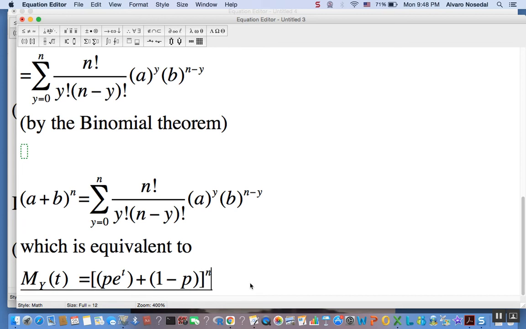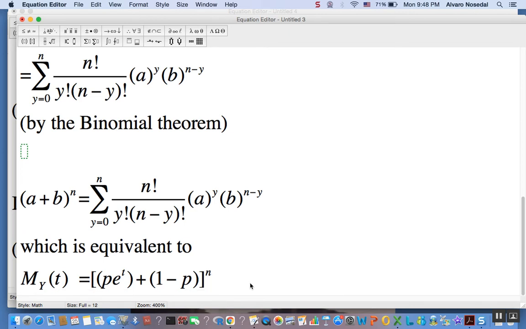Now, remember that one of the applications of MGFs is suggested by its name. It's going to help you to find the moments with respect to the origin of a random variable, right? So what we said is that, for instance, the first moment with respect to the origin is going to be the expected value, right?